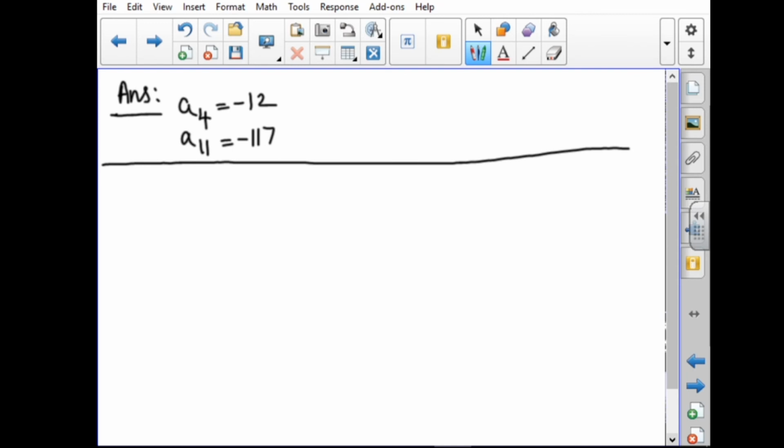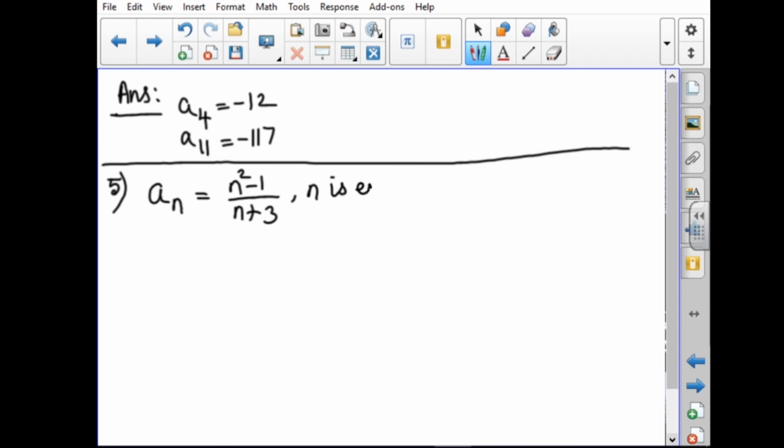Next, fifth sum. In the fifth sum, they give the nth term with two expressions. an is given like this in a set bracket: n squared minus 1 by n plus 3, if n is even.